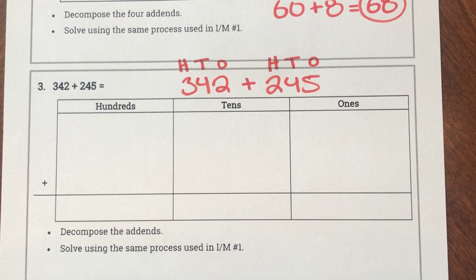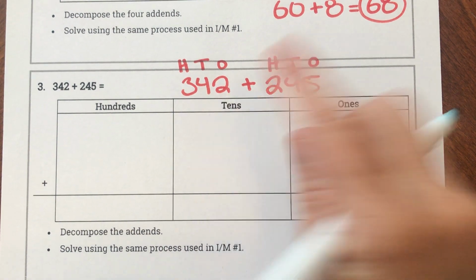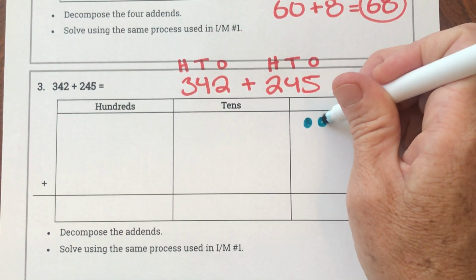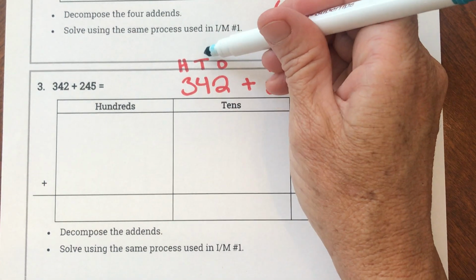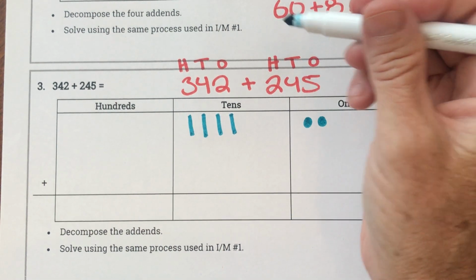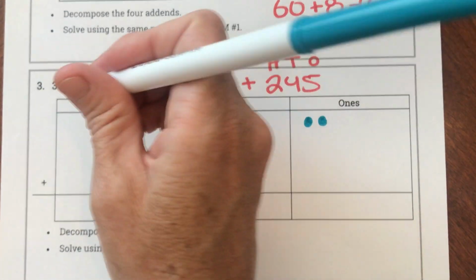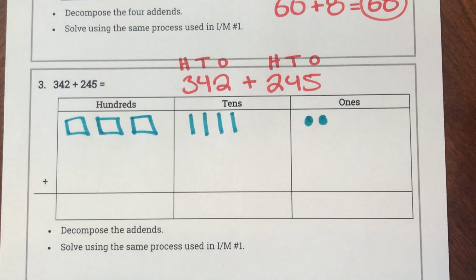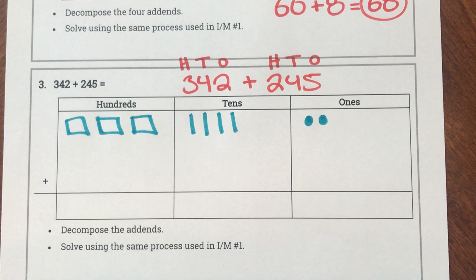So for my first add-in of 342, it says I have 2 ones. Then I have 4 tens. 1, 2, 3, 4. And I have 3 hundreds. 1, 2, 3. So this is what 342 looks like in base 10 blocks.